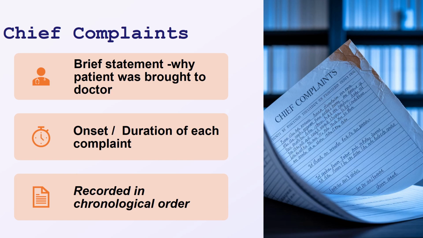Suppose child has fever and cough, then you are supposed to write fever for 5 days, cough for 3 days. So this way, onset and duration. And then this should be recorded in a chronological order. Suppose fever is for 5 days, cough is for 3 days, then you write fever for 5 days, then cough for 3 days.